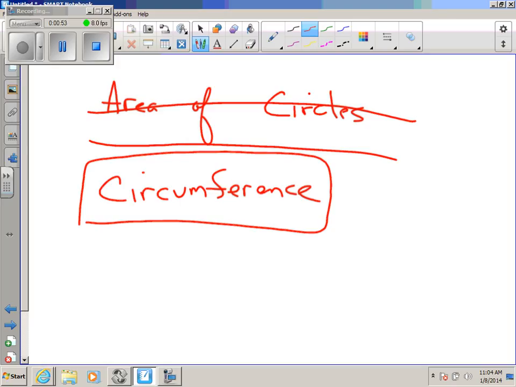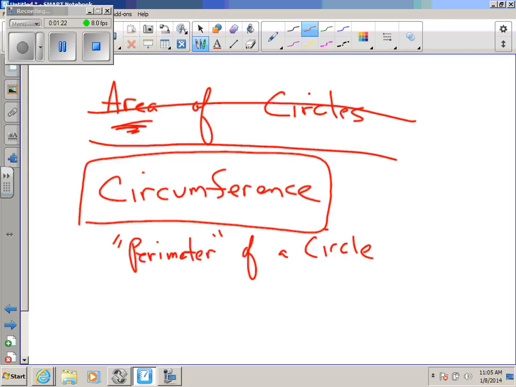But if I had crossed out area of circles, and now I say we're going to do circumference, any idea what circumference will be measuring? Edsel? Yeah, the distance around the circle. Very good. So, in other words, circumference is kind of like the what? It's kind of like the perimeter of a circle.